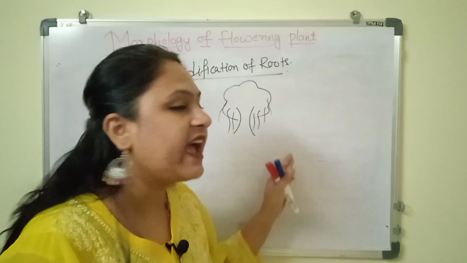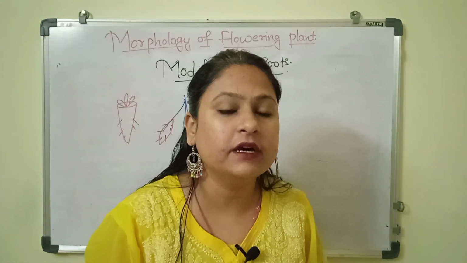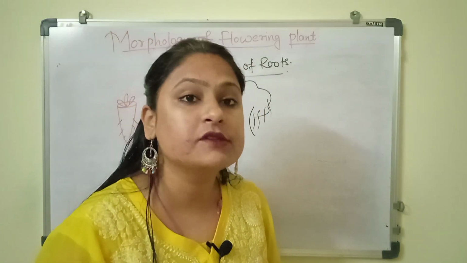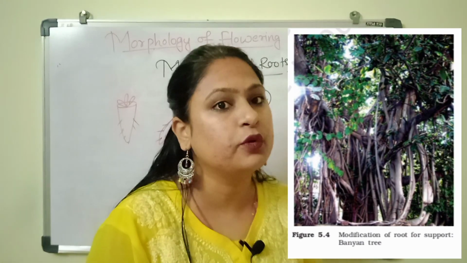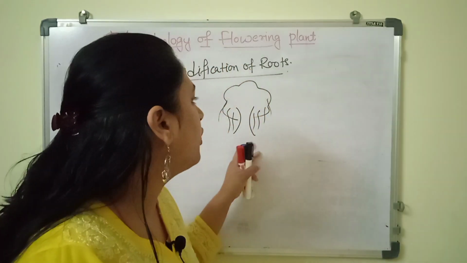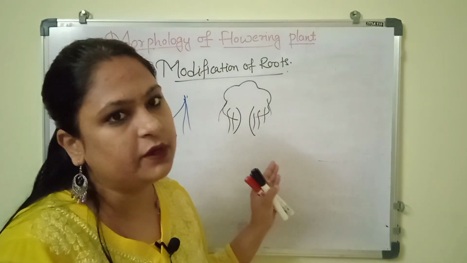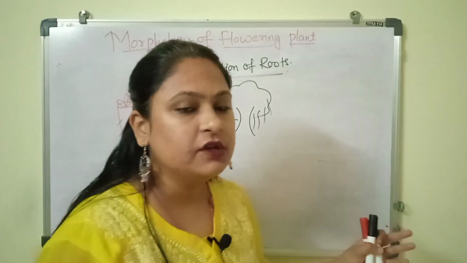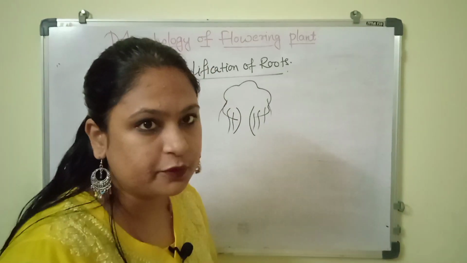Several hanging structures are growing. Those hanging structures are nothing but prop roots, also called aerial roots or pillar roots. They act like a pillar and give support to the plant. This is the modification of roots in the banyan tree for support. The banyan tree canopy is very big, so in order to support it, it develops prop roots.